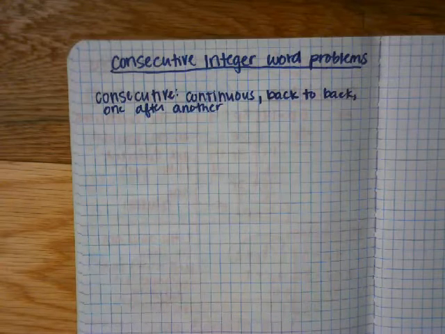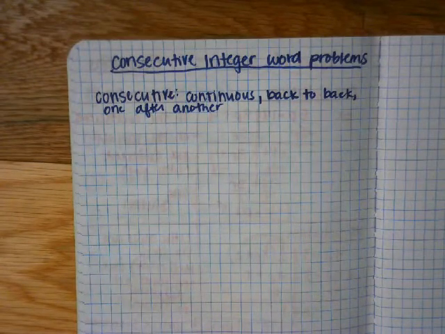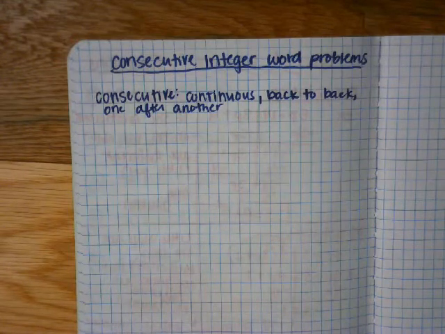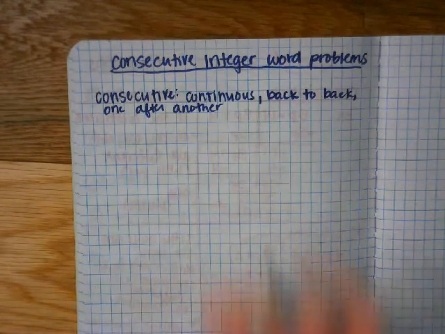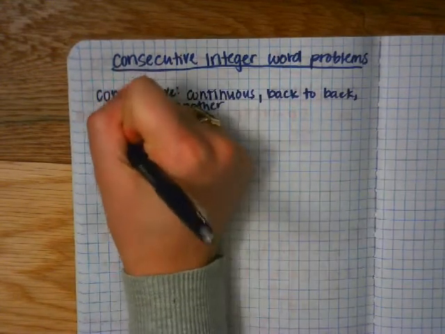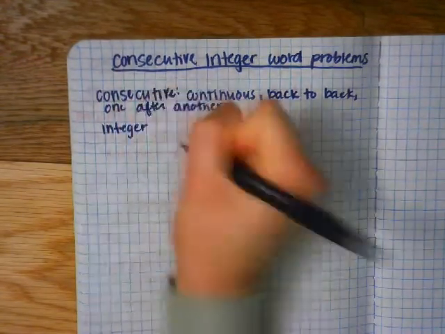Okay? So consecutive is like back to back. It happened once and then it happened another time, right away. All right? Who remembers what an integer is?